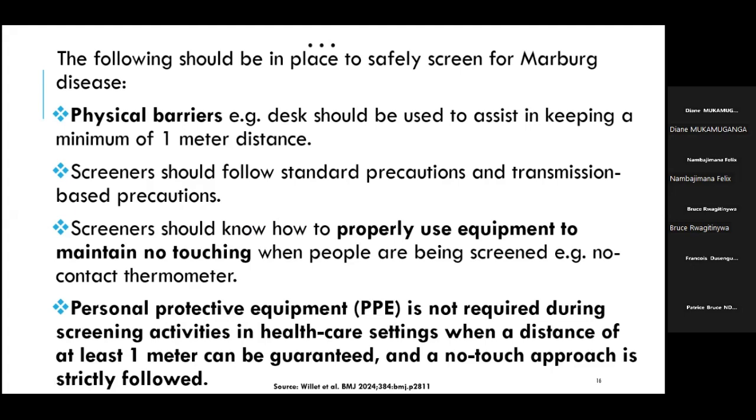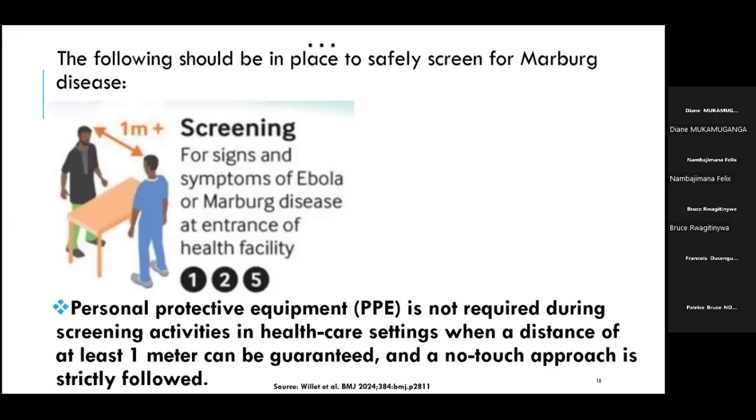It is advisable to use a non-touching technique when we are taking the temperature, and we are advised to keep that 1 meter distance. Personal protective equipment like gowns or coverall are not required at the screening area if we can keep 1 meter distance between the screener and the person to be screened.